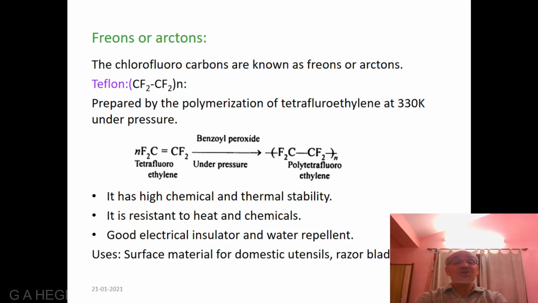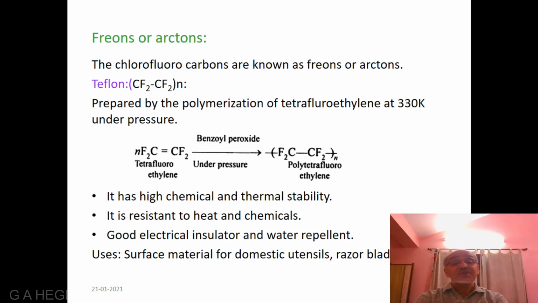The chlorofluorocarbons are known as freons or arctons. Under that, the first one is Teflon. It is prepared by the polymerization of tetrafluoroethylene at 330 Kelvin under pressure.